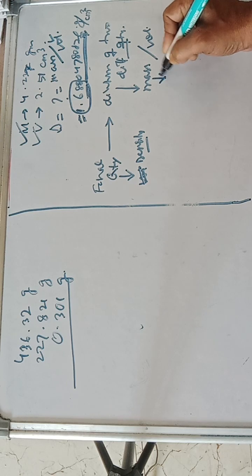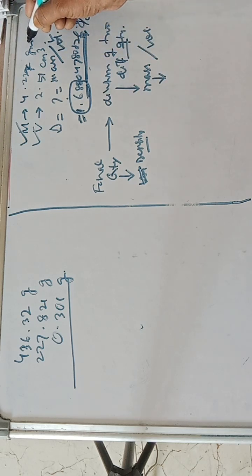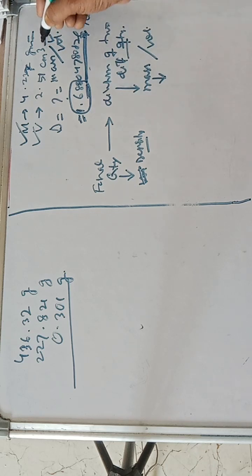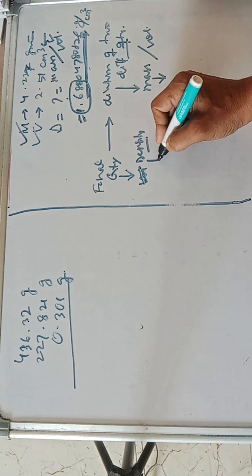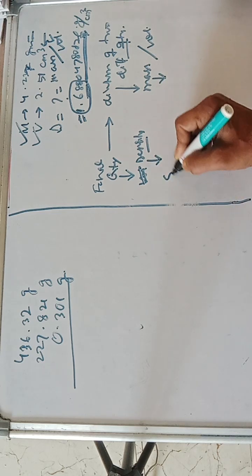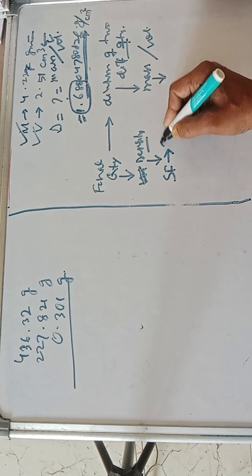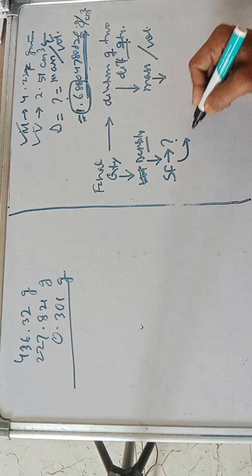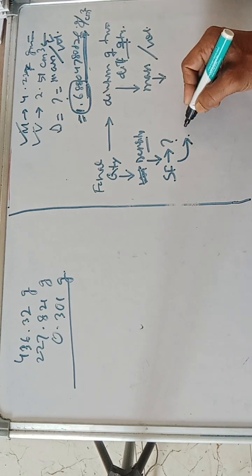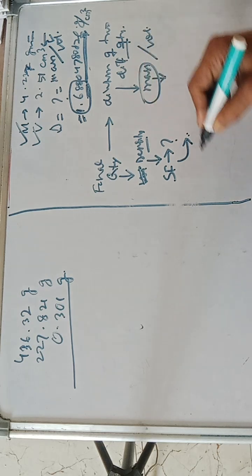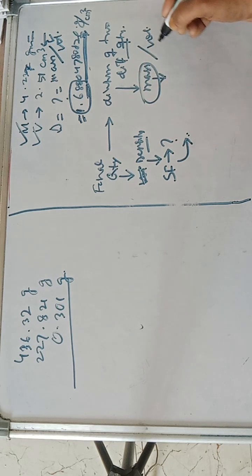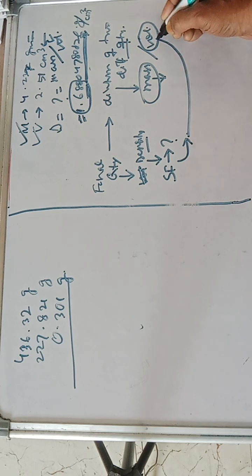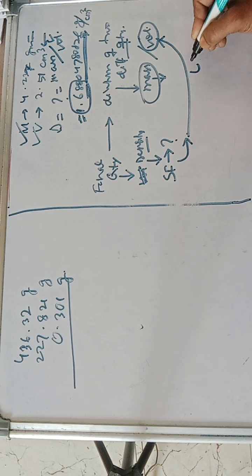Now we had the significant figure of mass, we had the significant figure of volume. Once we calculate the significant figure of density, this will link to the significant figure of the dependent quantity having the least significant figure.